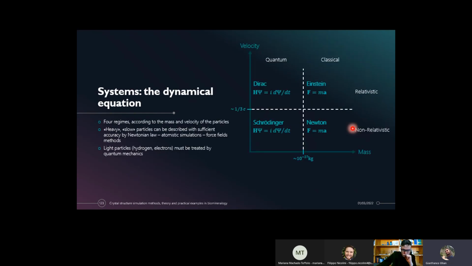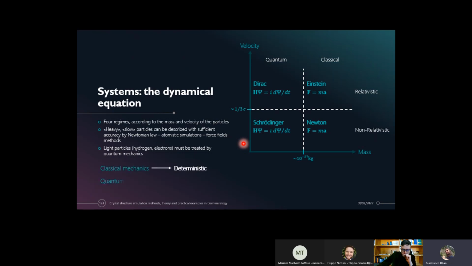The most important description choice here is the dynamical equation. In classical mechanics, we have the Newton equations describing the forces interacting between the particles. In the quantum mechanical world, for small and light particles, we have the Schrodinger equation, which gives the description of the forces.